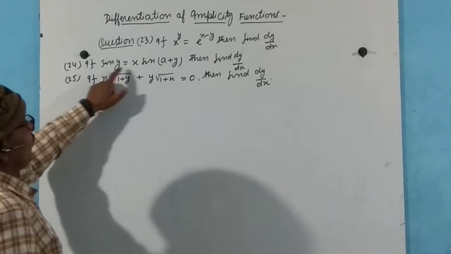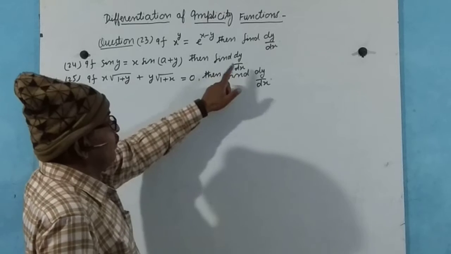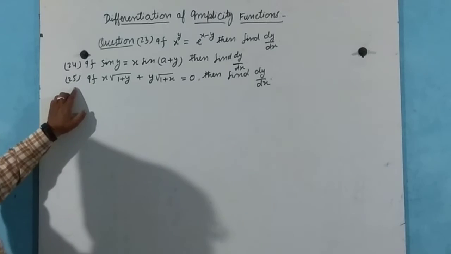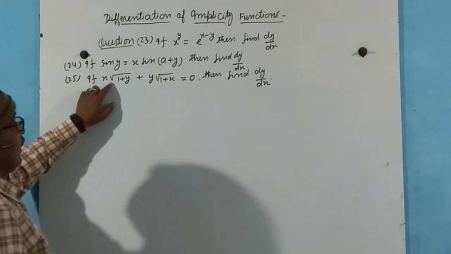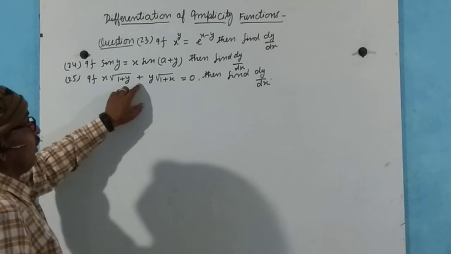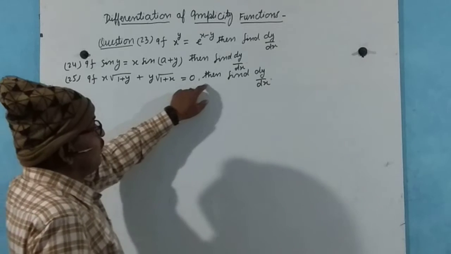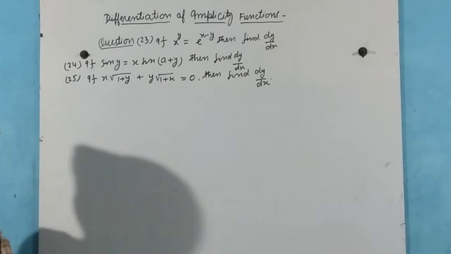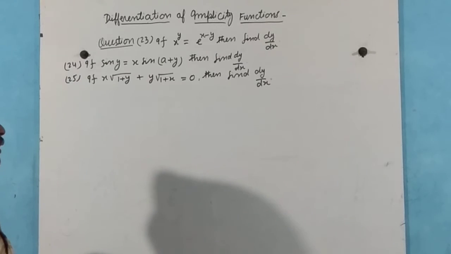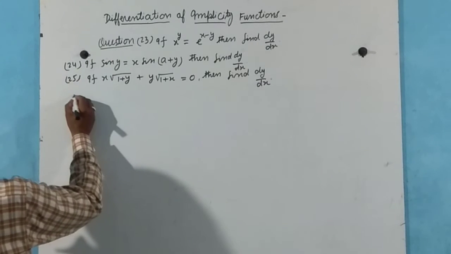If sin y equal to x sin(a plus y), then find dy by dx. And problem 25. If x under root 1 plus y plus y into under root 1 plus x equal to 0, then find dy by dx. Here in this question x and y both are given.